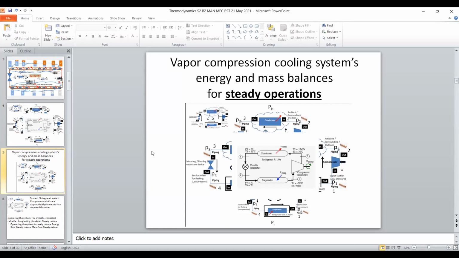So you no need to memorize this. Any system in operation, if it is steady, then only it lasts long. Then only it performs. That is very important. That's why designing a system is not just taking components, connecting and running it.